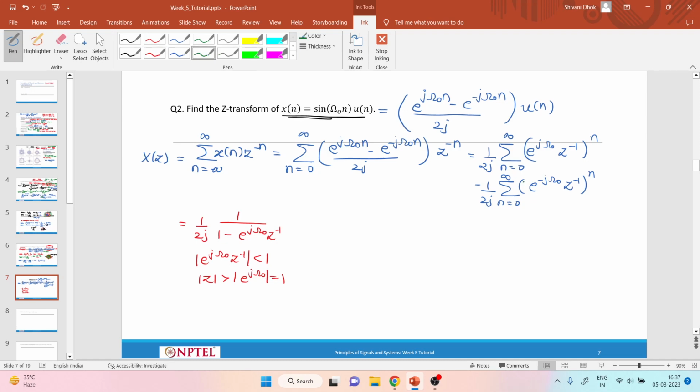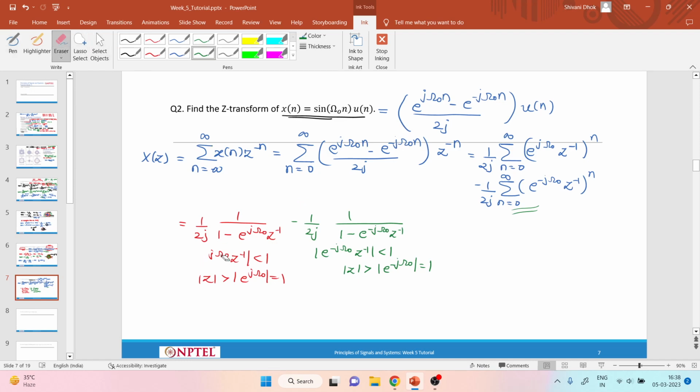Similarly, this second term will give me minus of 1 by 2j times 1 upon 1 minus e power minus j omega naught z inverse, and again this will converge when magnitude of z is greater than magnitude of e power minus j omega naught, which is equal to 1. So both of these summations converge when magnitude of z is greater than 1.